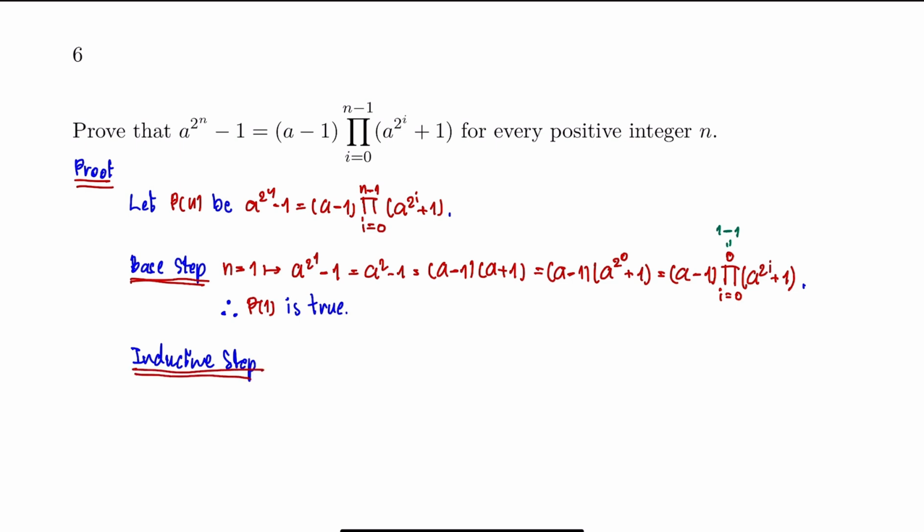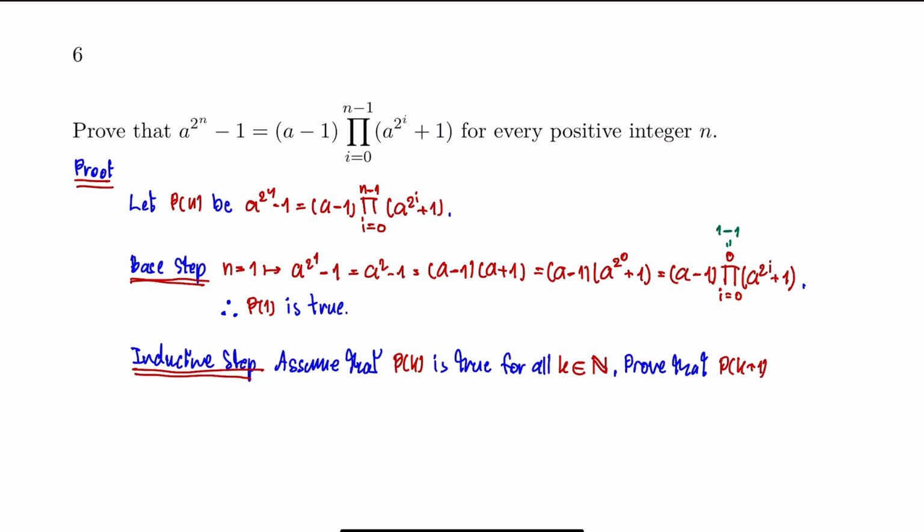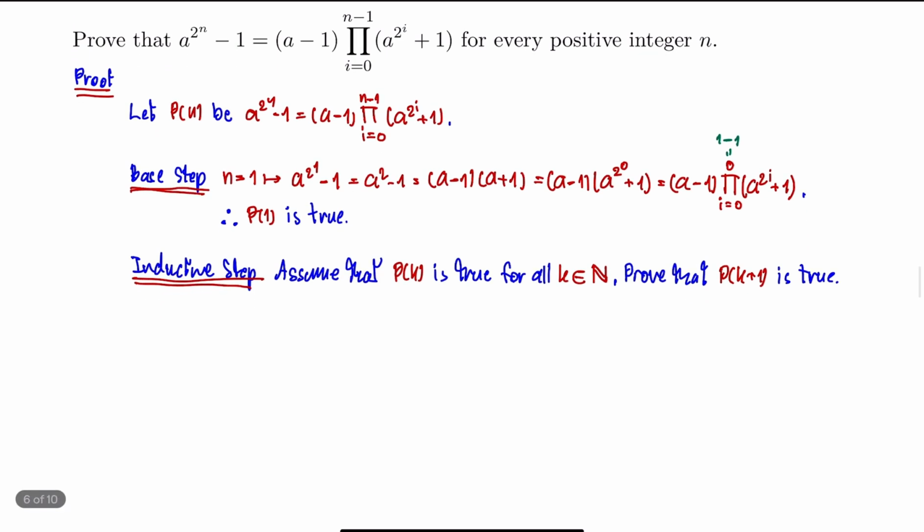For this step, we have to assume that P of k is true for all positive integers k, and we try to show that P of k plus 1 is true. Okay, great. So now this is what we have.